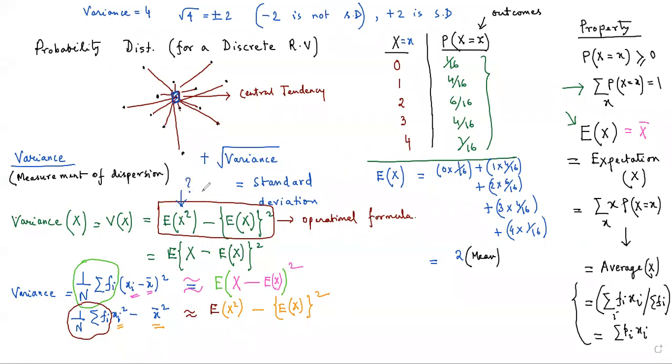To answer this question, there is a general formula that you have to keep in mind. If capital X is any random variable, and I multiply X with itself n number of times, where n is a positive number, then E of X to the power n is given by the summation over x of x to the power n times the probability of X equal to small x.